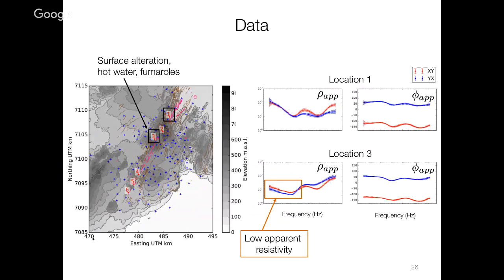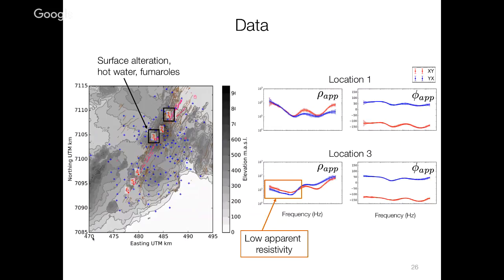So we can look at EX and HY, that's the red, or we can look at EY over HX. If we look at the apparent resistivity curves, this is frequency along here, and the red and the blue actually overlap in the early stages, so in the high frequency.